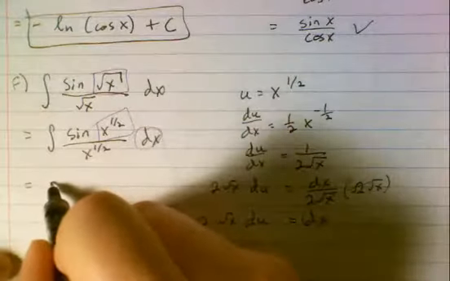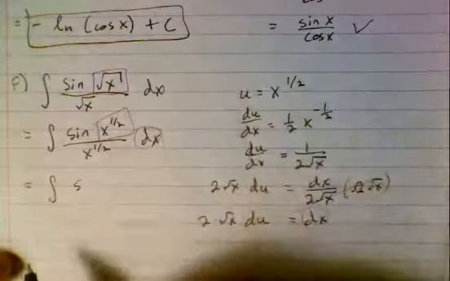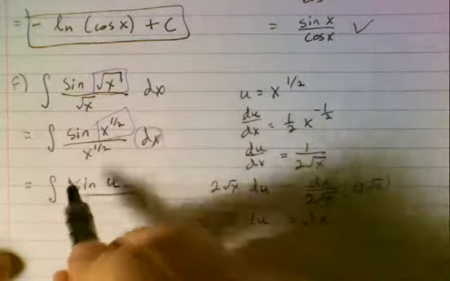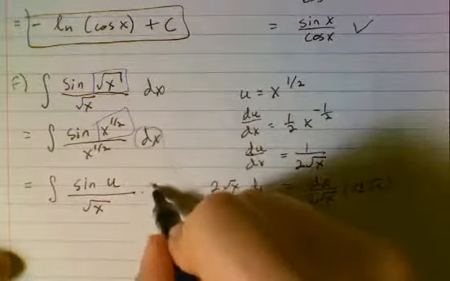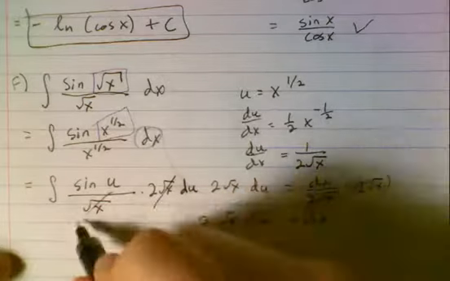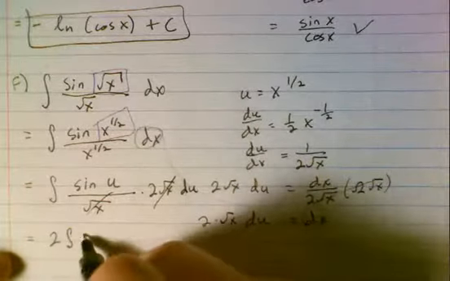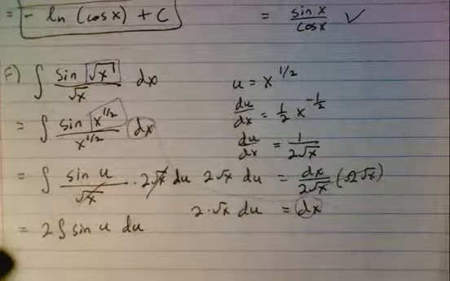So we've got the antiderivative of sine of u, and I'll put this back in the square root form again so we can see that it cancels over here, times 2 root x du. Those root x's cancel. That 2 is along for the ride, so we've got 2 times the sine of u du.